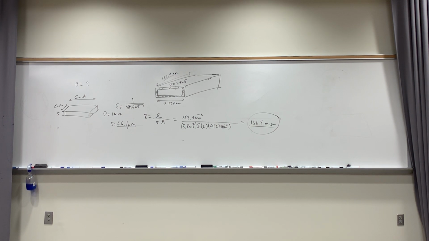Which problem is that again? This is 5.1.6. When we get skin depth from sigma, sigma was smaller, where skin depth is bigger.